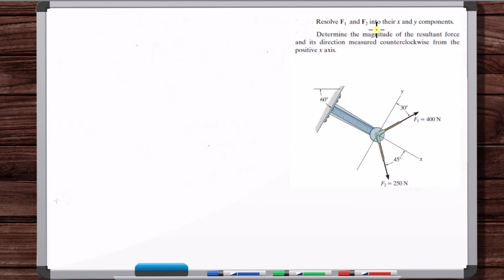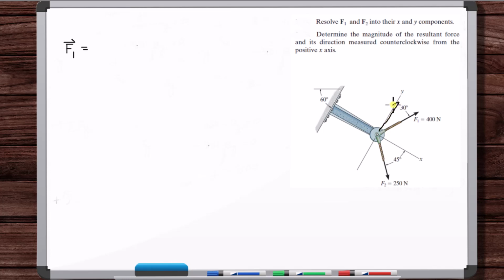Okay, resolve F1 and F2 into their x and y components, and then determine the magnitude of the resultant force and its direction measured counterclockwise from the positive x-axis. So let's resolve F1 and F2 into their components first. F1, this is a vector, so we want to bold it or put an arrow, is equal to what? This is 30, this is Fx, this is Fy. Both are in the positive direction, right?